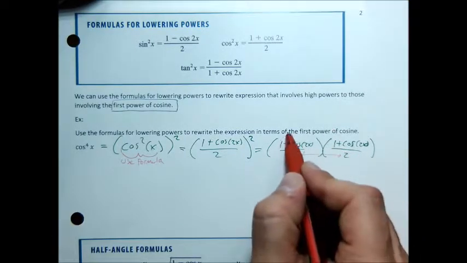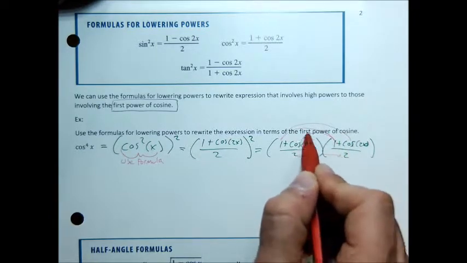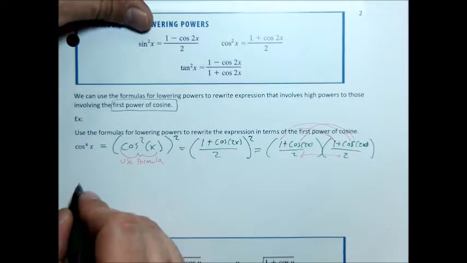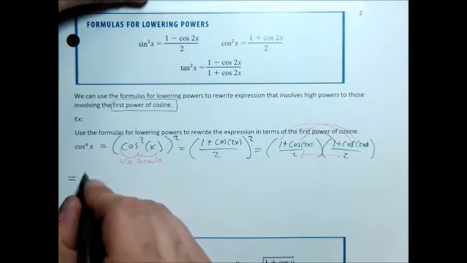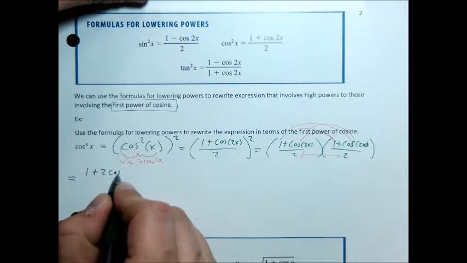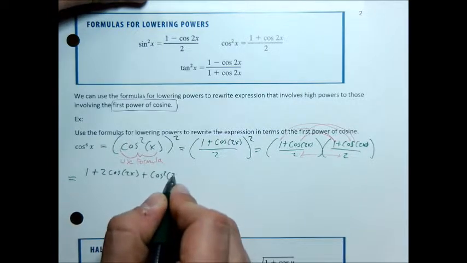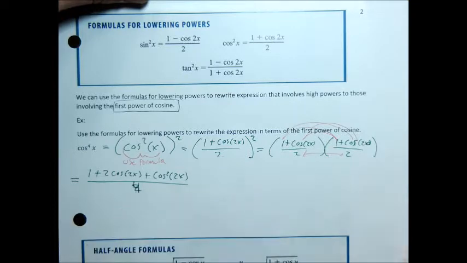You need to do 1 times 1, 1 times cosine, cosine times 1, cosine times cosine. You need to do the FOIL thing, which is different than just squaring both the numbers. I know we've talked about that a lot too. So when you actually go ahead and square it, you get 1 plus 2 cosine of 2x plus cosine squared of 2x, over 4.